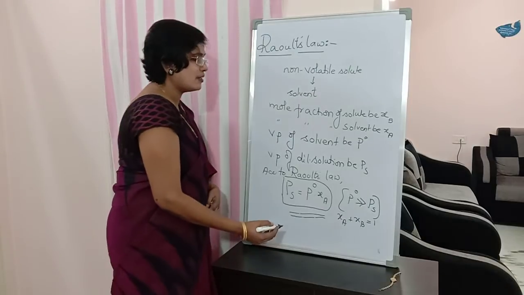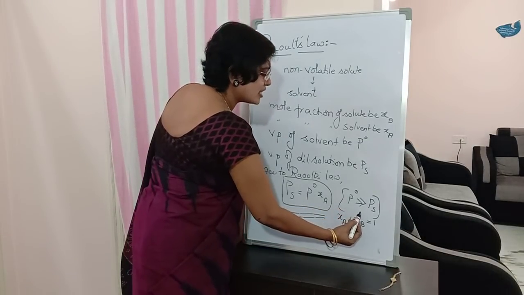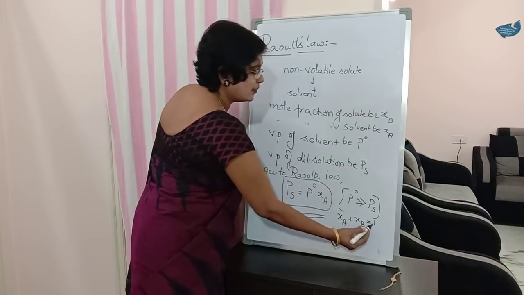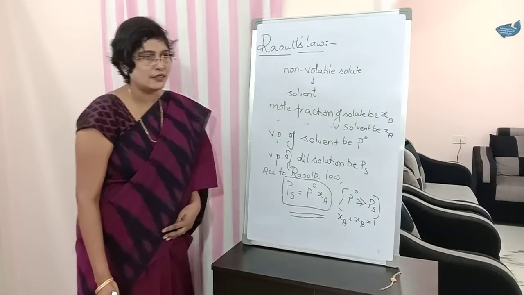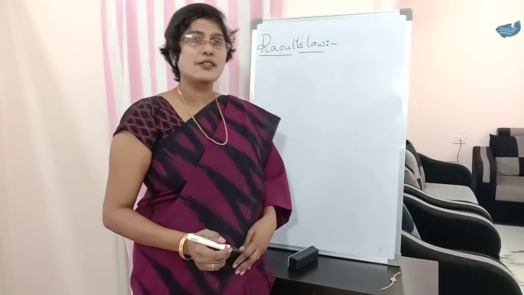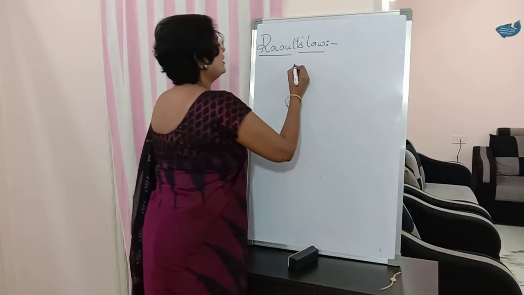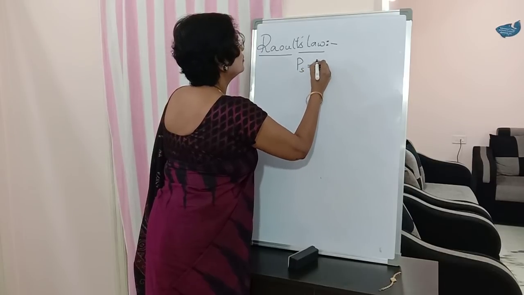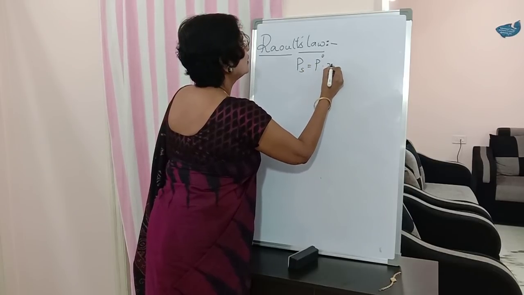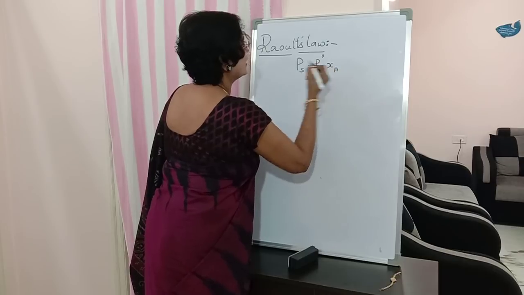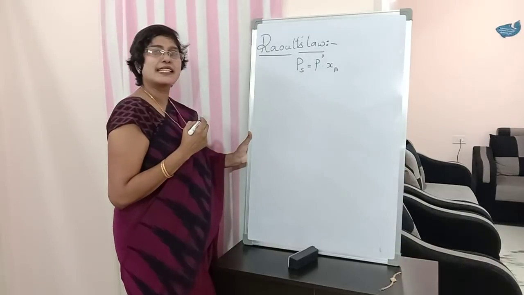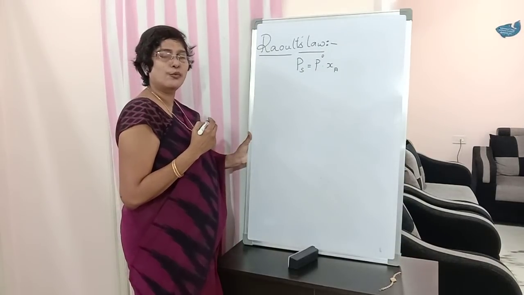In the brackets you can write down P naught is much greater than PS, and also XA plus XB is equal to 1. So we are writing again PS is equal to P naught into XA. I told you XA plus XB is equal to 1.